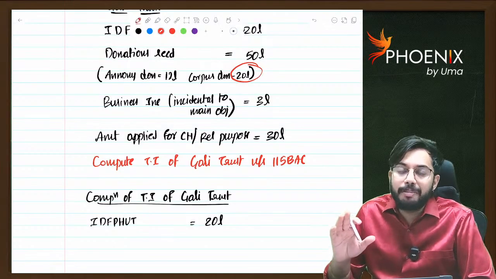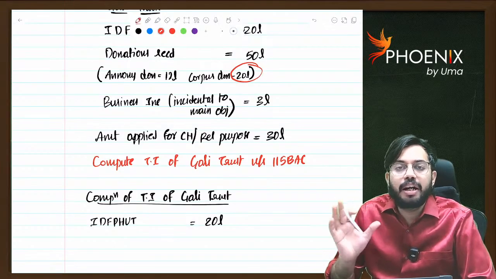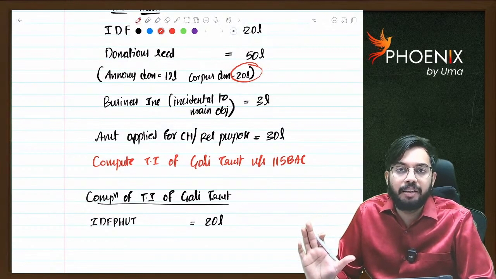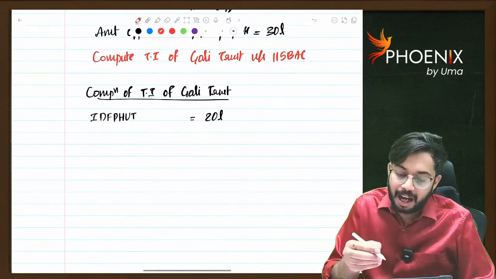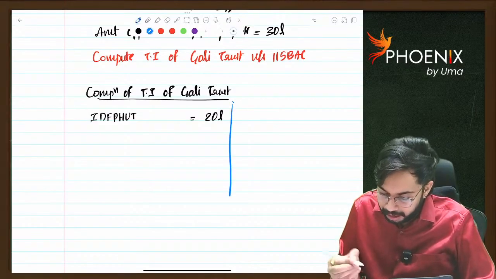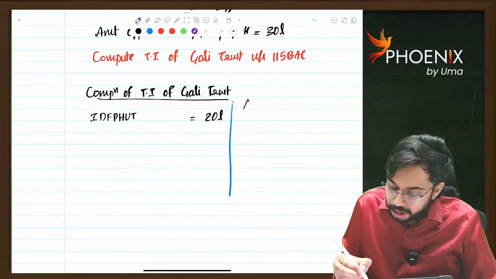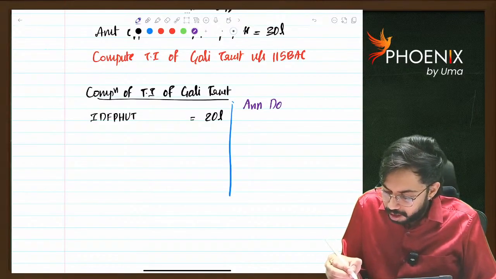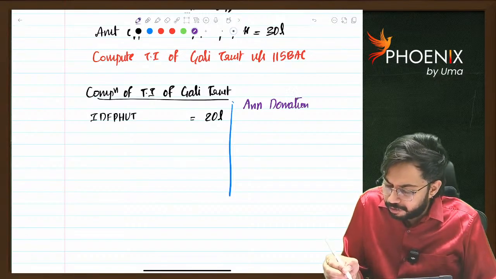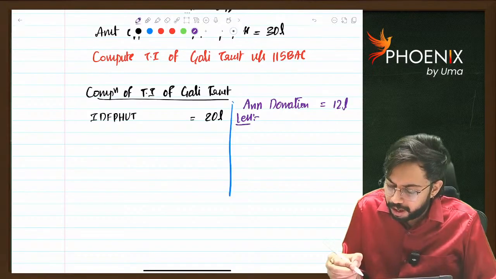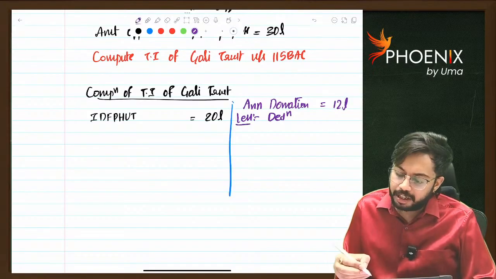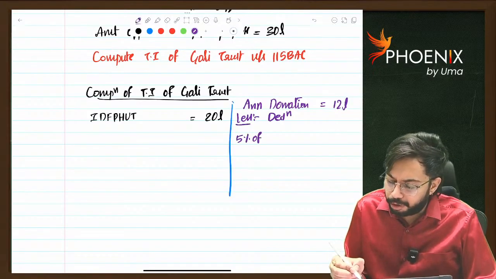See, out of anonymous donation also, the total is not treated as income derived from property held under trust. 5% of total donations or 1 lakh, whichever is higher. So we will do one thing. How much is anonymous donation? Anonymous donation is 12 lakhs. From this 12 lakhs, deduction is allowed. How much is deduction? Deduction is 5% of total donations.